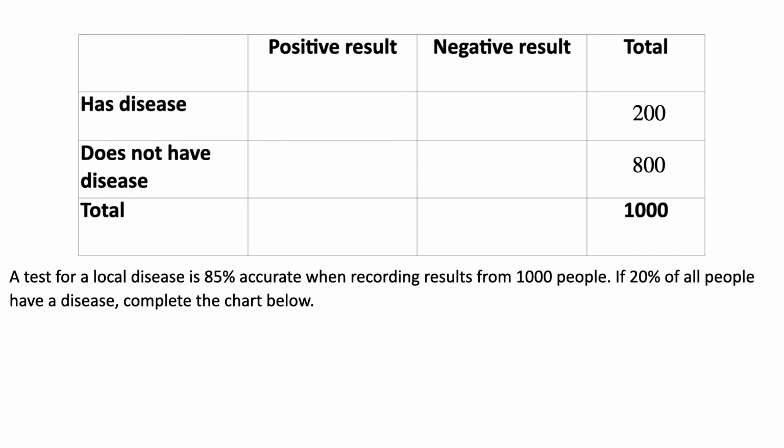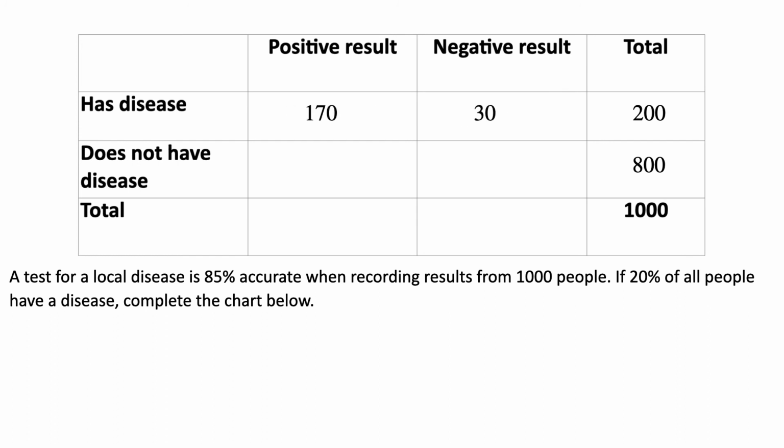Okay, now I can start filling out the testing positive, testing negative. So for the top row there, the majority should test positive because these people actually have the disease. Well, the test is only 85% accurate. So 85% of the 200 will go with the positive and 15% will go with the negative.